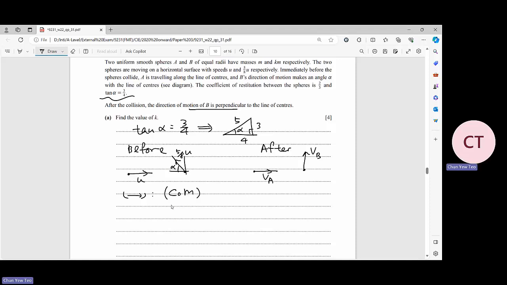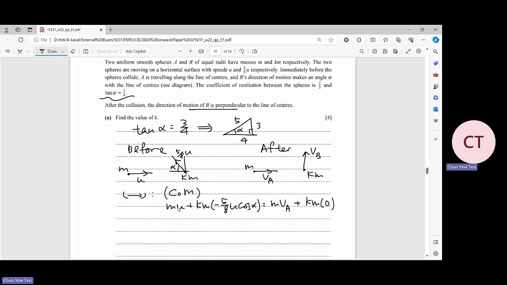So you have m, m, km, km. Conservation of momentum: mu plus km times negative 5/8 u cos alpha equals m v_A plus km times 0, because v_B only has vertical motion and no horizontal motion, so it is just 0.